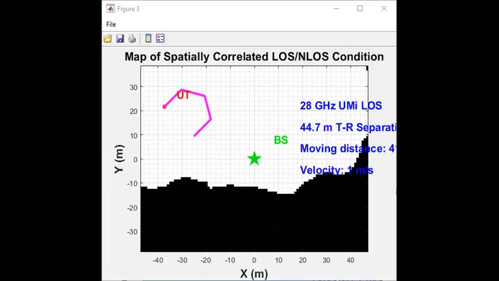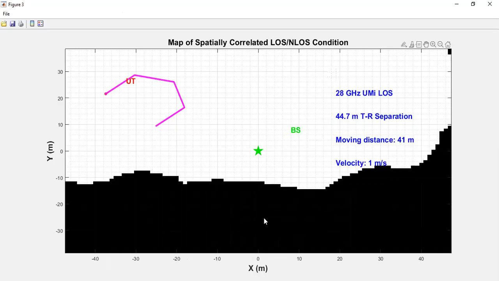It doesn't harm that we closed a figure. Here you have the base station and here you have moved. The black part probably indicates a highly shadowed area, probably, not quite sure.